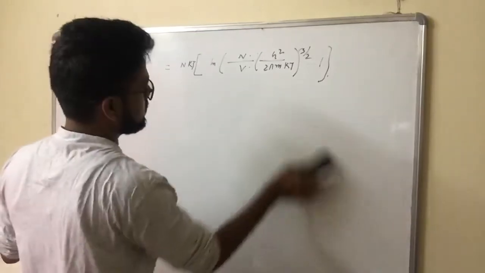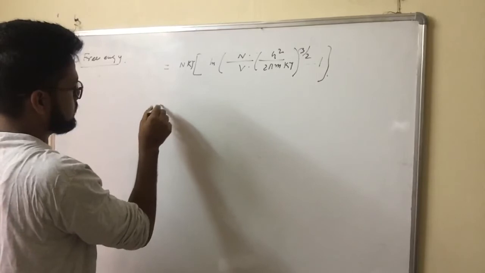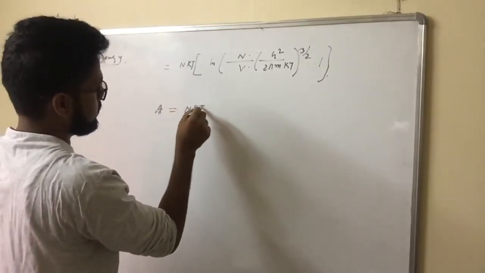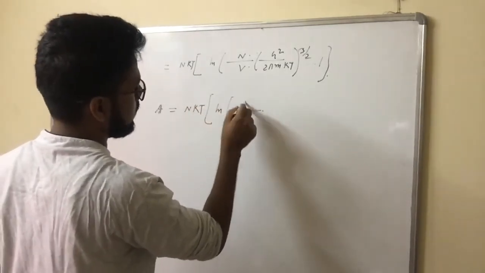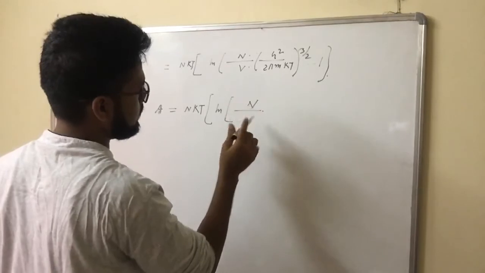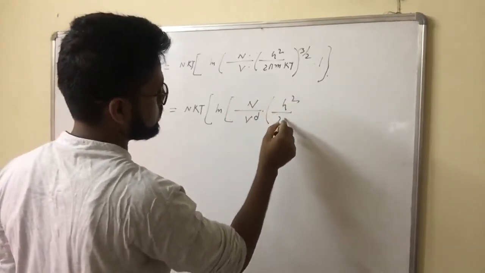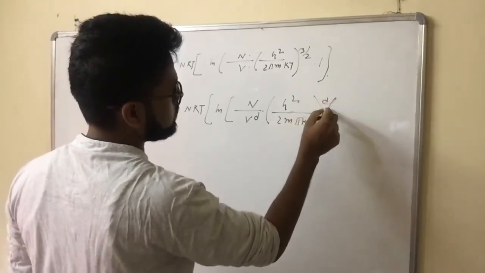But suppose you understand this part, then can you formulate the general formula? General formula for free energy: nkT ln, n is the number of particles, V d a square twice m pi kT to the power d by 2.